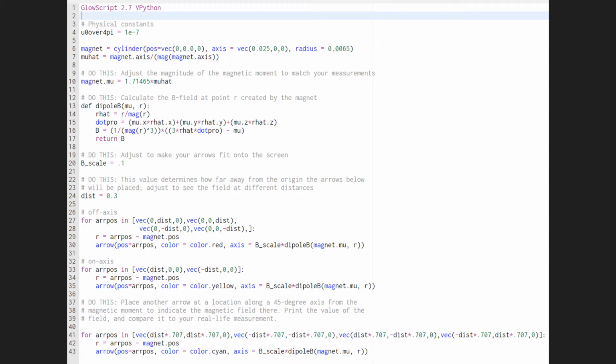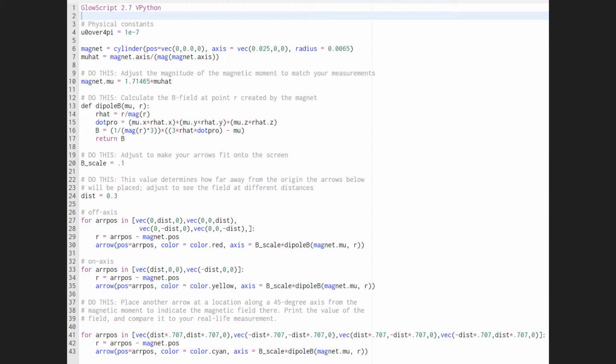For the arrow position at 45 degrees, I used the previously stated for loops and multiplied that by the r hat value at a 45-degree angle, which would be 0.707, 0.707 for the positive x, positive y direction.